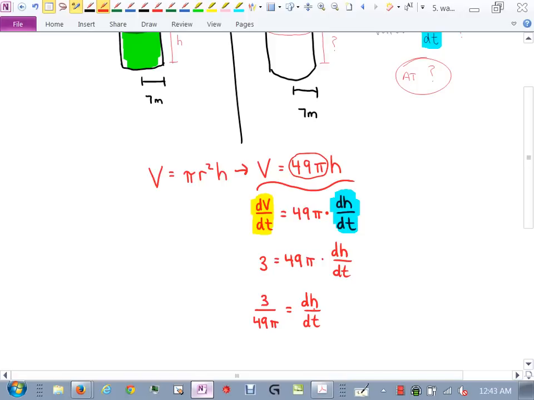Now the only thing left to do is to figure out what my units are. So I'm going to say dh/dt is equal to, now height is measured in our units, but not squared or cubed, just our units. So height, in this problem, everything was in meters. So I will put here 3 over 49 pi meters, and then time here was measured in, I believe, minutes.